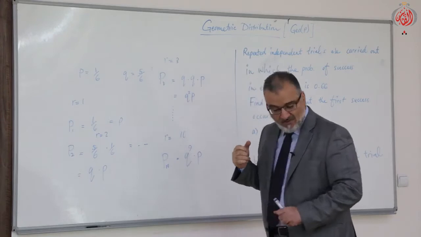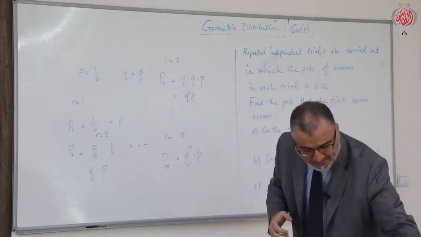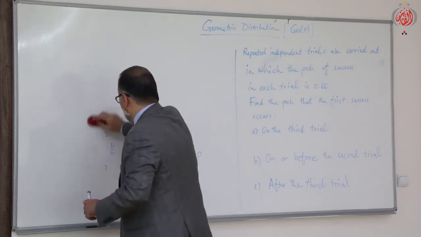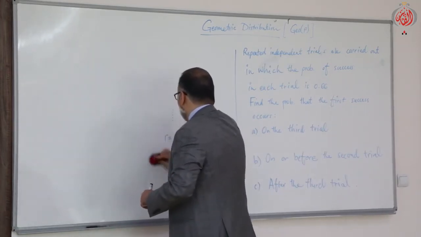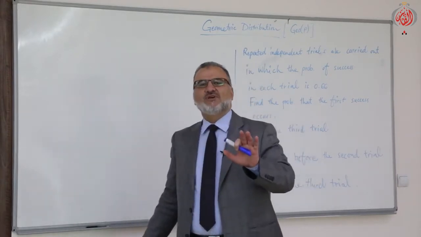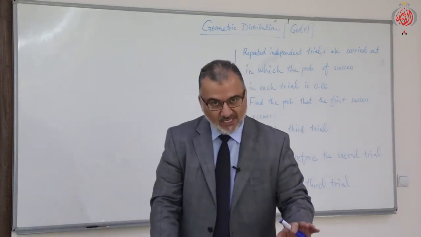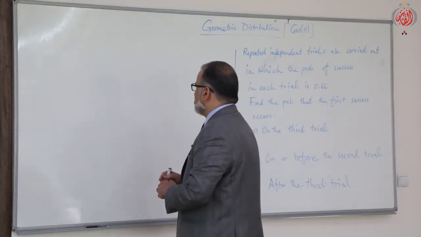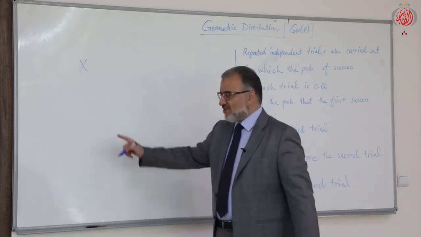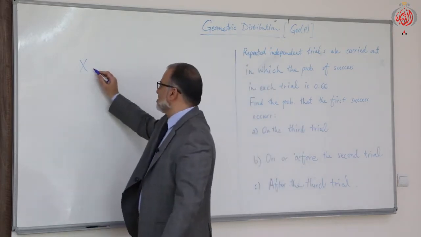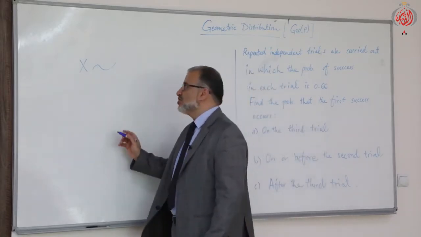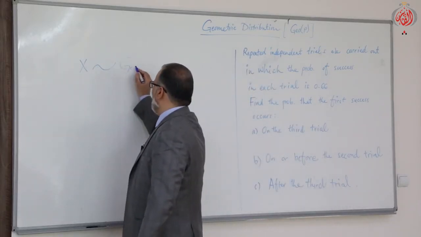Okay. Now let's come to the formula. What type of random variable are we dealing with in the geometric distribution? We are dealing with a discrete random variable. So if you have a discrete random variable x, and this random variable follows the geometric distribution, we will write GEO.